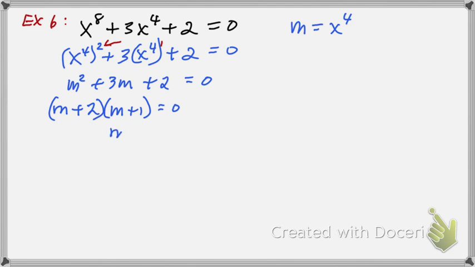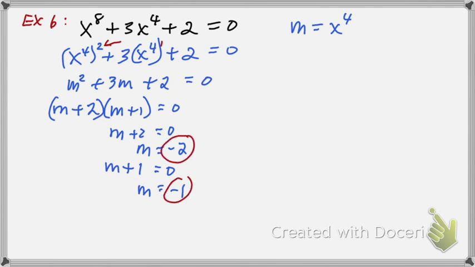And I know that m is going to equal negative 2. And I know that m, at least potentially, equals negative 1. And so here are my two potential solutions, but that's for m.